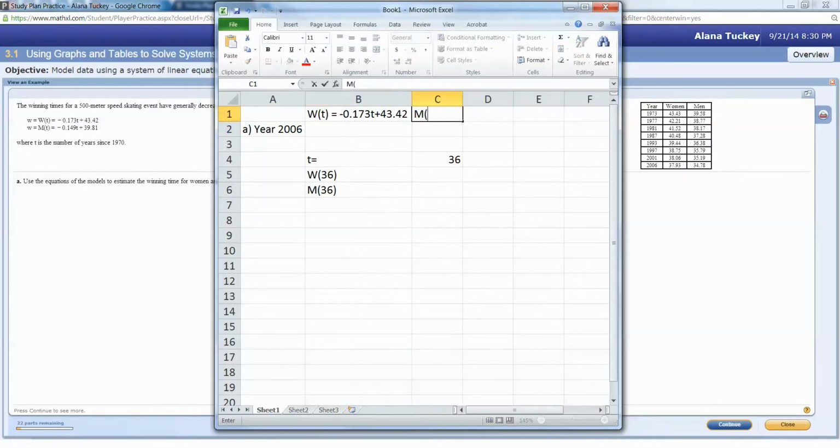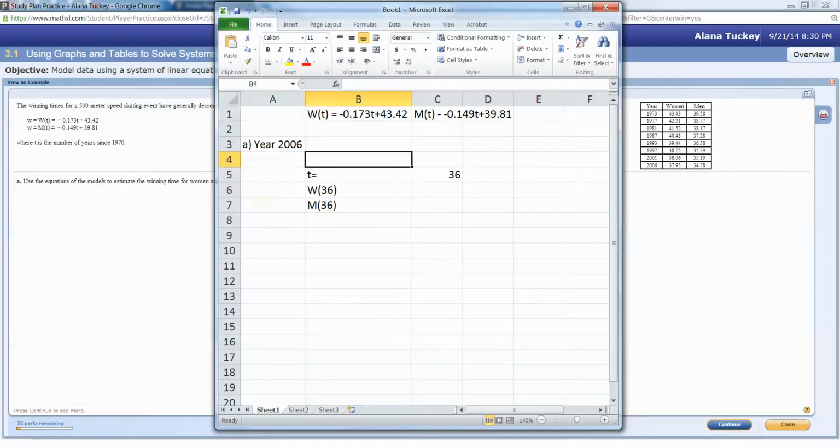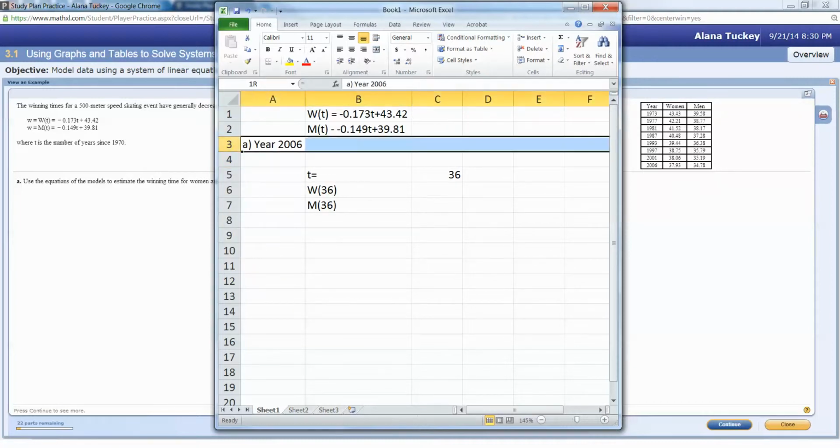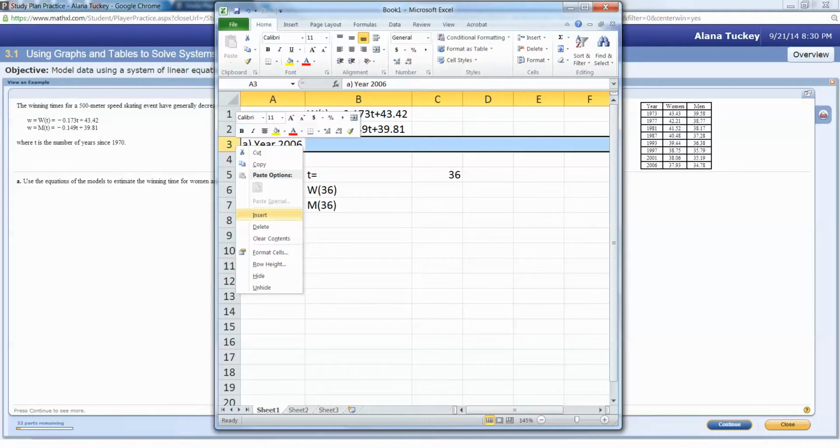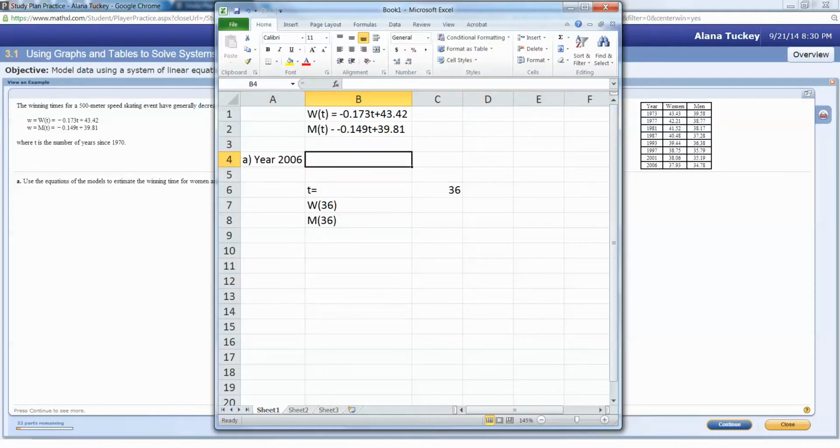And then the men's time is equal to negative 0.149 t plus 39.81. That way I just don't lose it anywhere. And of course, you don't have to use Excel to do this. You can write all this on paper. I just don't have paper available that you guys could possibly see as I'm talking.